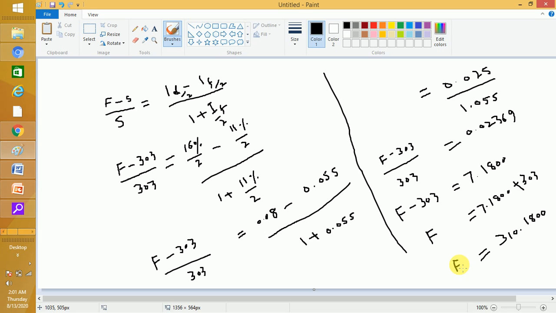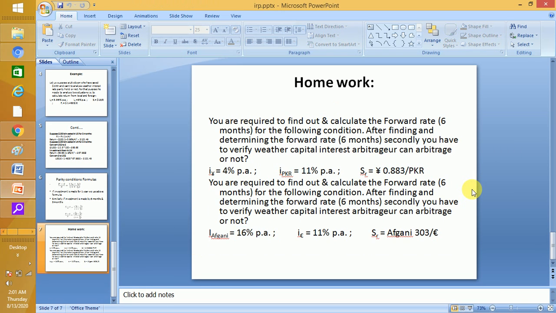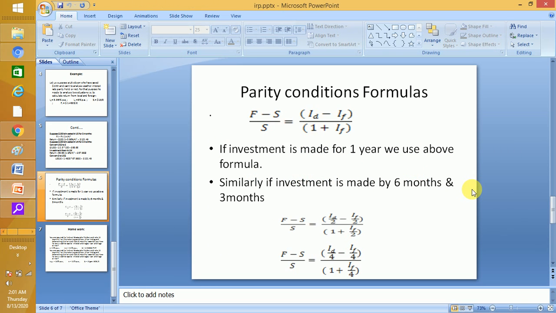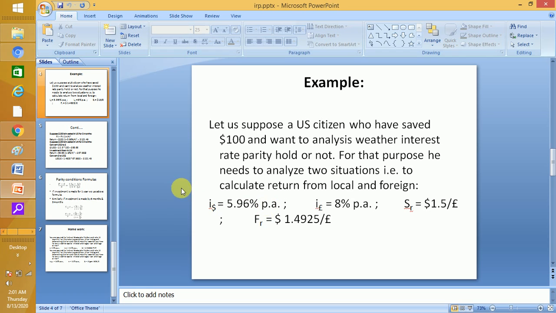Now, the next thing is that we will check whether there will be arbitrage or not. So, what will you do? We discussed this in the previous class. So now this is interest in Afghani, interest in euro, spot rate is given, forward rate is given.